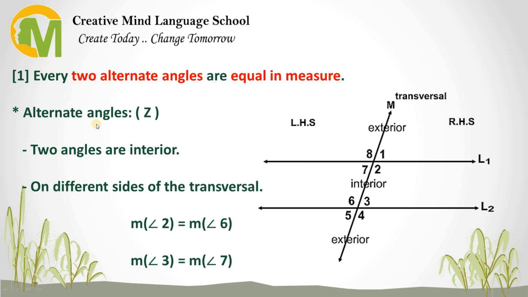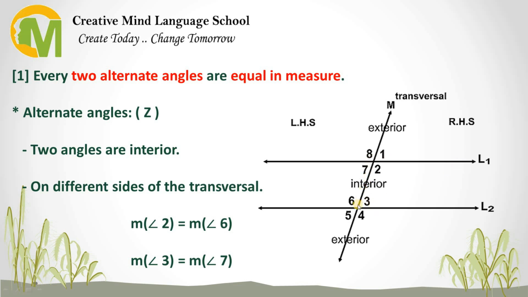That's why we refer to alternate angles as forming the shape of the letter Z. This here is a Z formed between the two parallel straight lines and the transversal, as you see, containing angle 7 and angle 3.